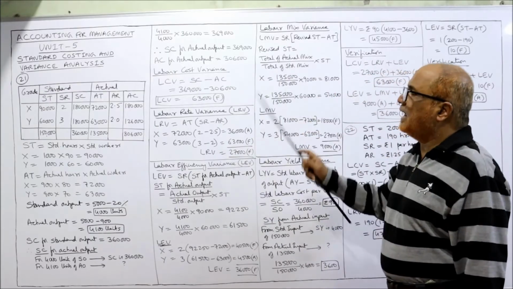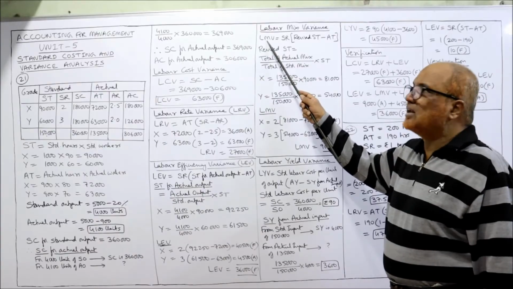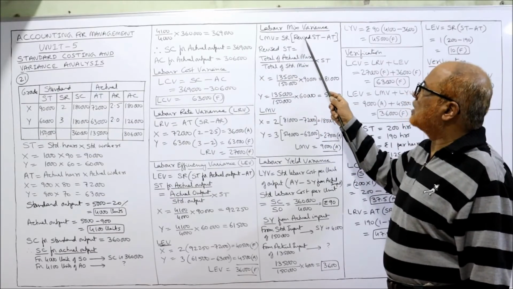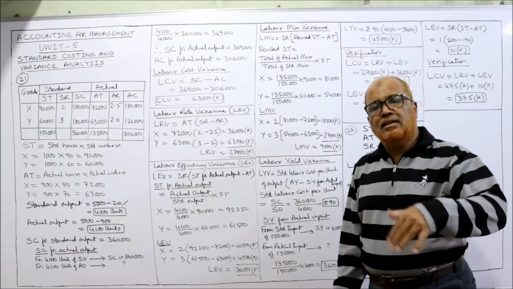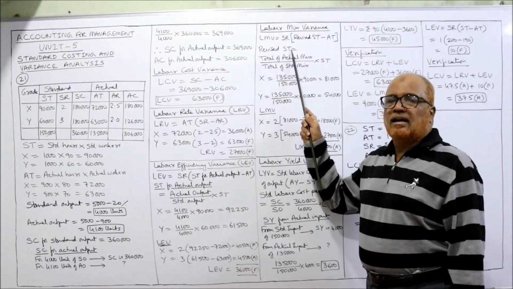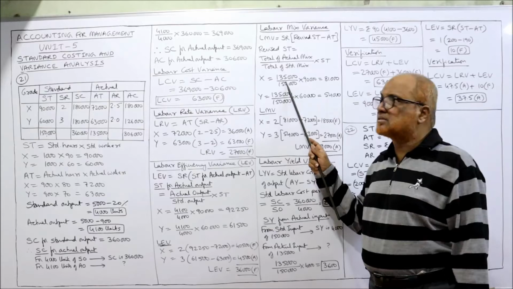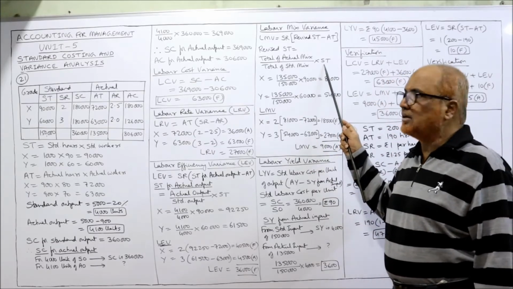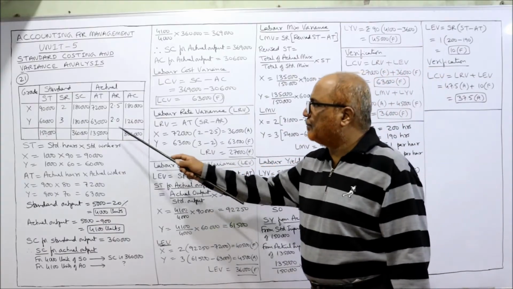Now we need LMV, labor mix variance. The labor mix variance formula: standard rate into revised standard time minus actual time. Already in the previous problem also we have applied this one. Revised standard time is equal to total of actual mix divided by total of standard mix into standard time, right? Total of actual mix means actual time.